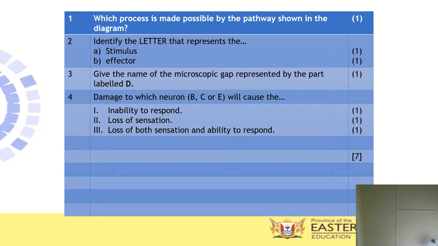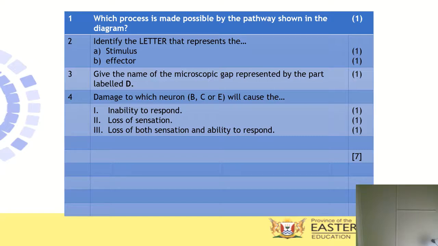C is your connector neuron, and E should be your motor neuron. And by this time, I hope that you know the functions of the neurons. Now, which one will cause inability to respond if it is damaged? Obviously, that should be the motor neuron, and in this diagram, our motor neuron is E.